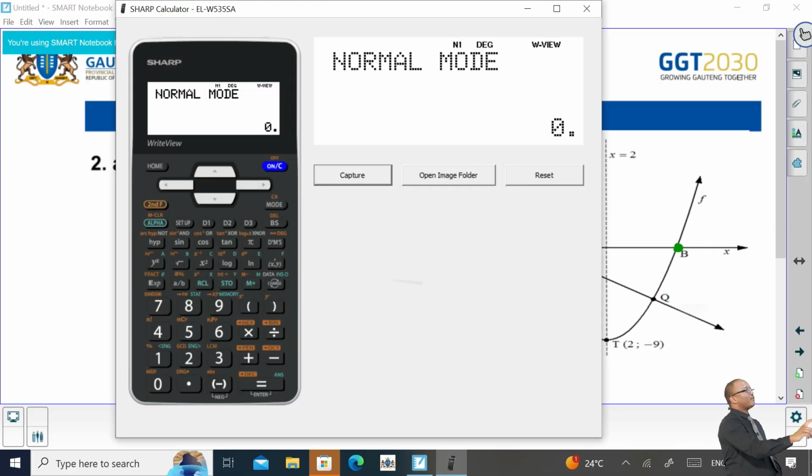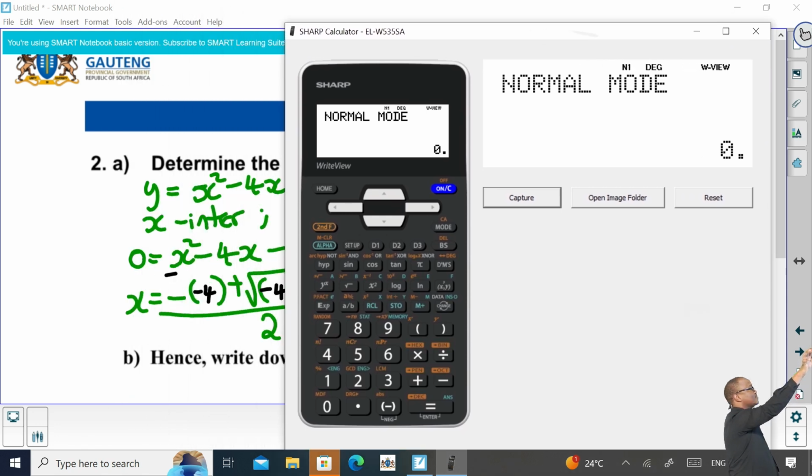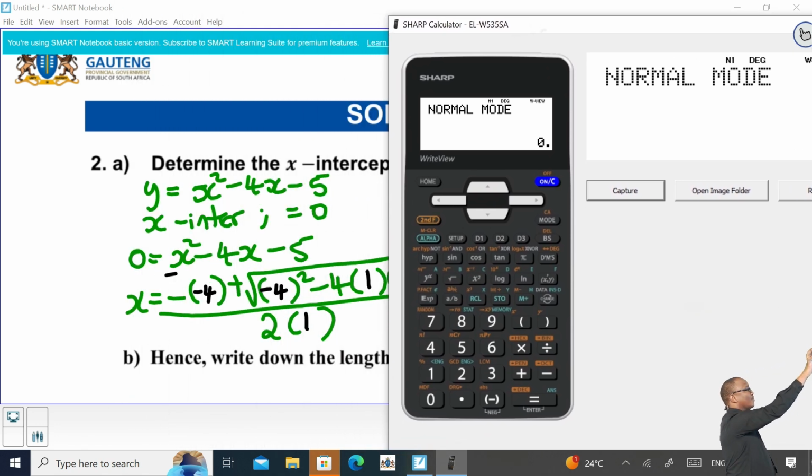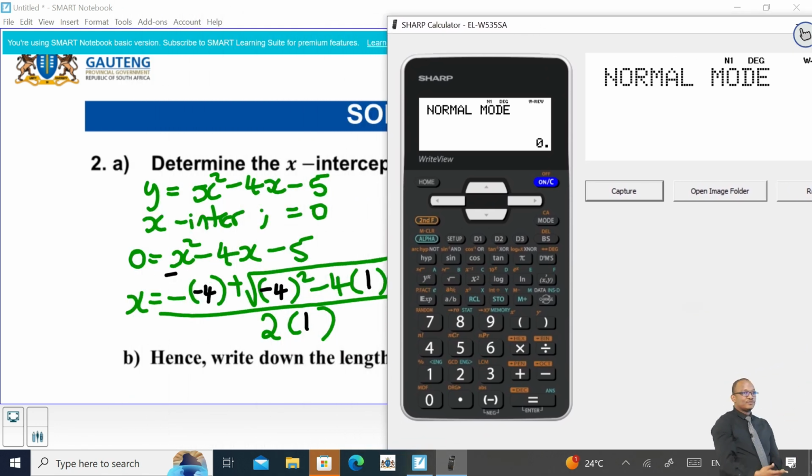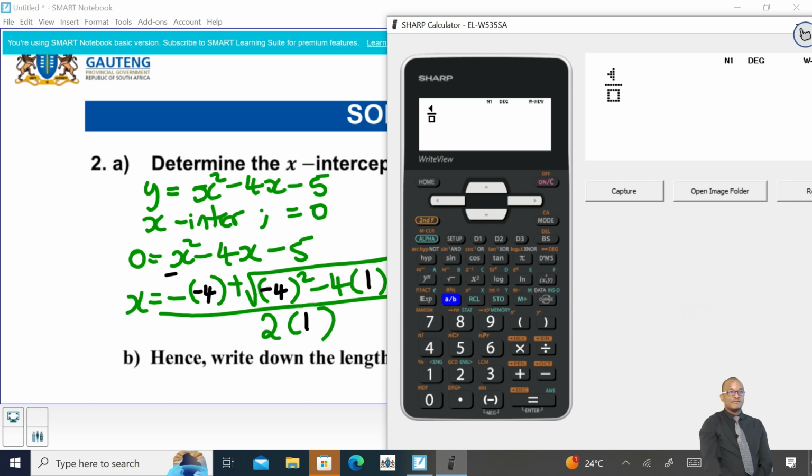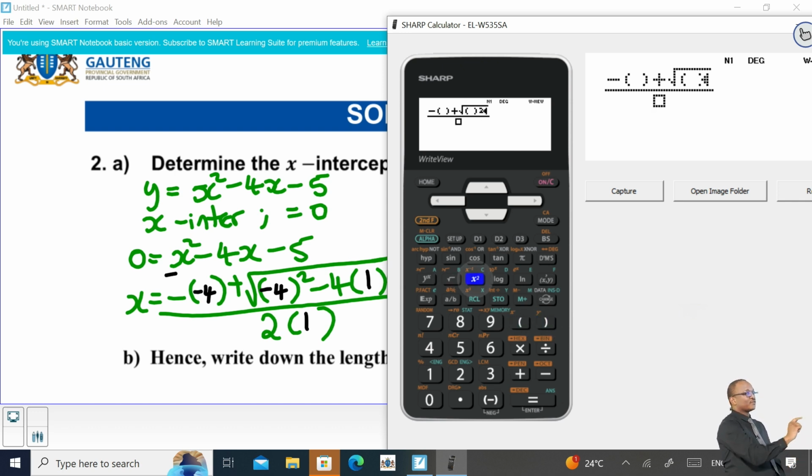We have our calculator. Now I want to show you how to punch in this equation. You start with your fraction, then you say negative, you open bracket, you close, and you say plus the square root, you open, you close, you have squared.